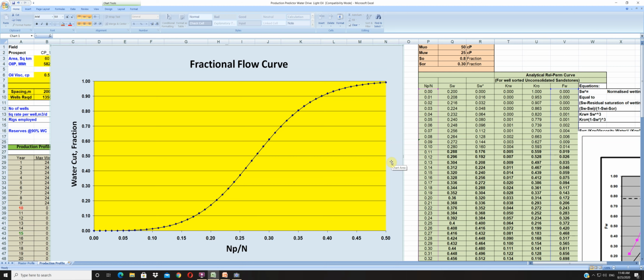It's close to 2. So at this instant, the fractional flow curve has shifted to the right. That means water cut is depressed in the reservoir. That's yielding higher recovery. Now you are getting around 37% recovery at around 90%. Okay, so you can see now the benefits.